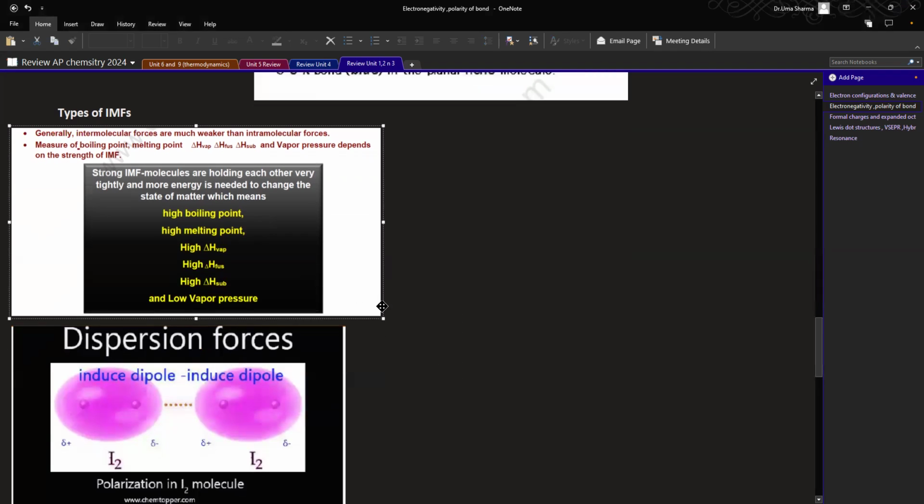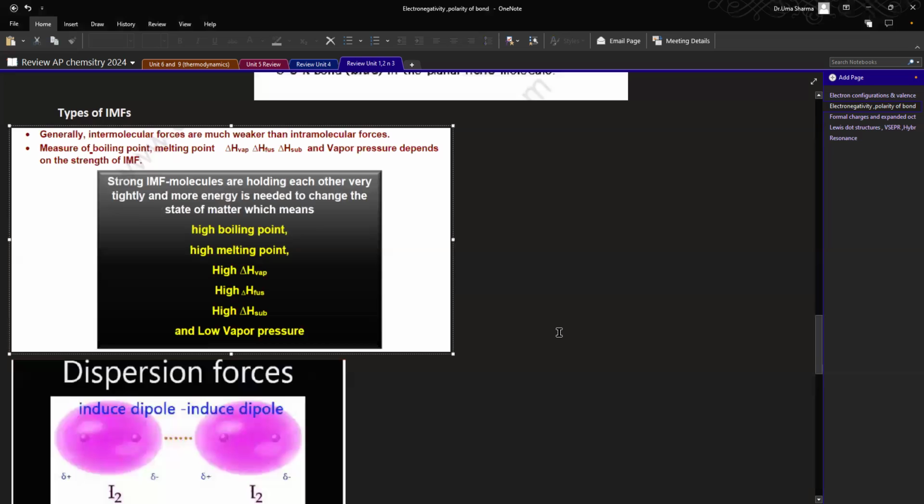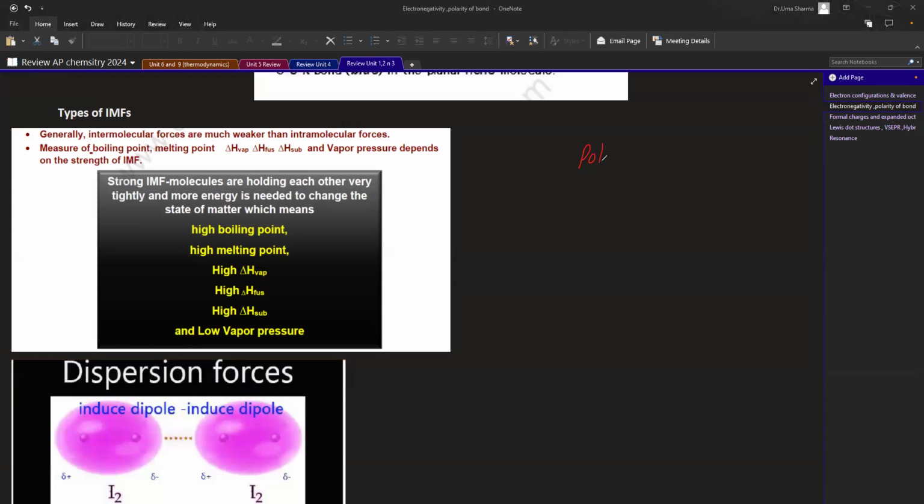Now I'm coming on the types of IMFs, intermolecular forces of attraction. You can categorize the molecules now, polar and non-polar. You know how to do it? So you will draw the structure, you check the symmetry. If it is symmetrical, atoms are identical, then it's going to be non-polar.